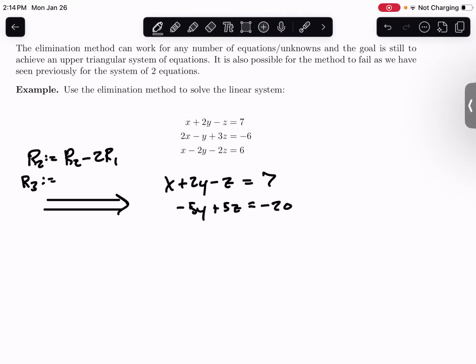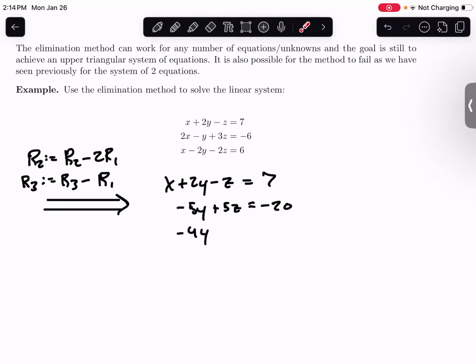So we're going to do the same thing over again. We're going to adjust row 3 and make it equal to the previous row 3 minus row 1. This means taking x and subtracting x gives us 0. Taking this minus 2y and subtracting 2y gives us a minus 4y.